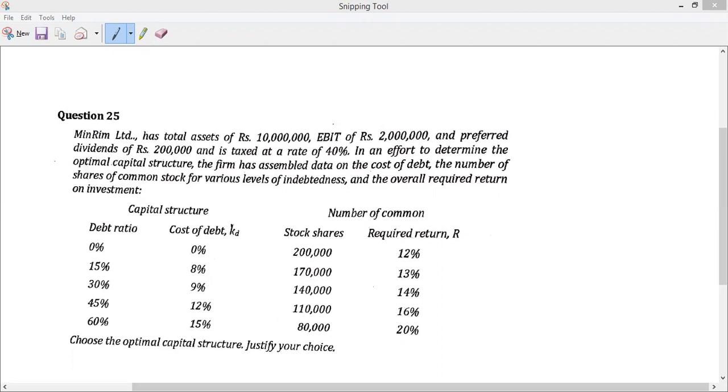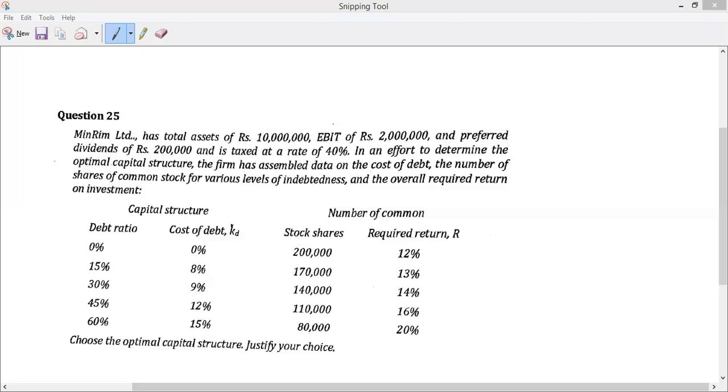Sorry, I'm making a mistake here. If you have net income and you have cost of equity, how do you calculate the value of the firm? That's what I asked. If you remember, when you had EBIT and overall cost of capital, you divide both and you would be able to calculate the value of the firm, right?